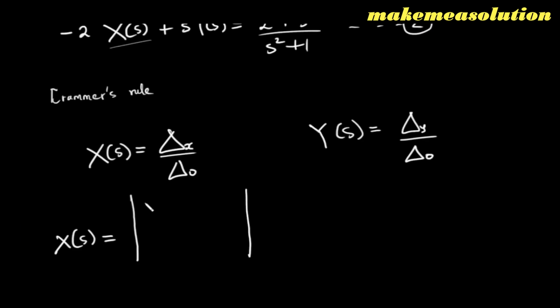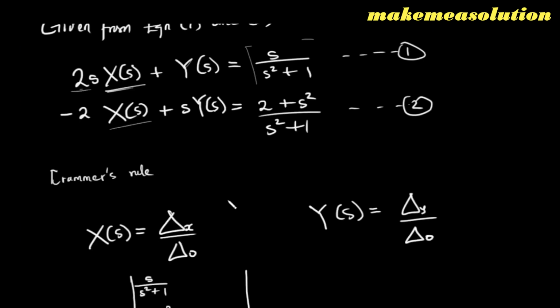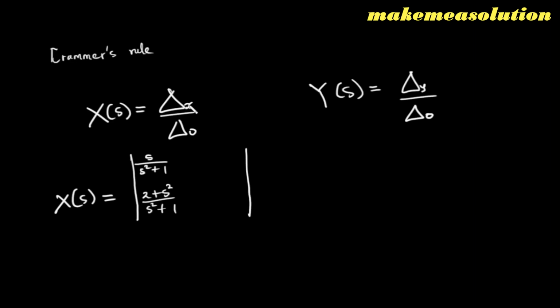So what you're going to get is s over s squared plus 1, then 2 plus s squared over s squared plus 1. Okay, so you've replaced it. Then the other part of the determinant will be formed from the coefficients of y of s, that is 1 and s. So this gives you your delta x.